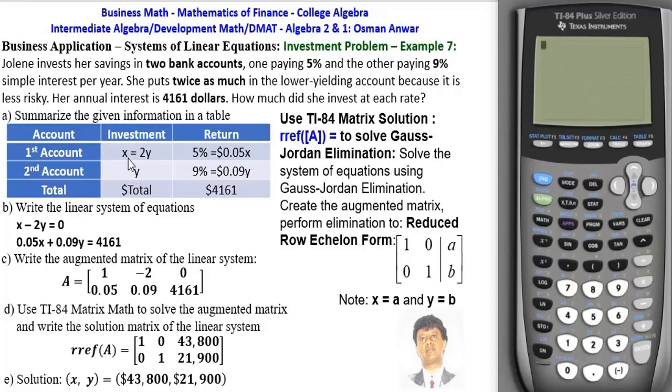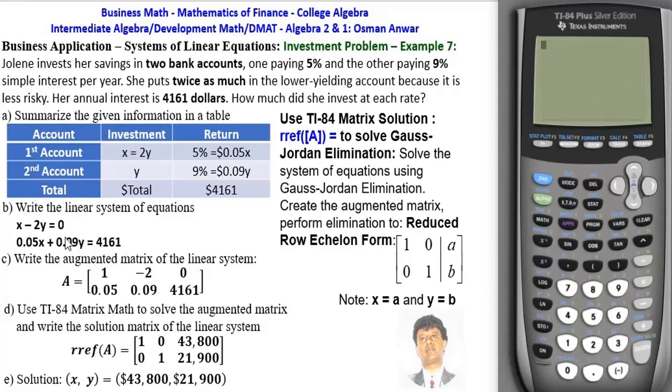Okay, so let's translate this into a linear system of equations. The first one is x equals 2y. If you bring the 2y to the other side, then this becomes x minus 2y equals 0. Then the second one is 0.05x plus 0.09y is equal to 4,161.